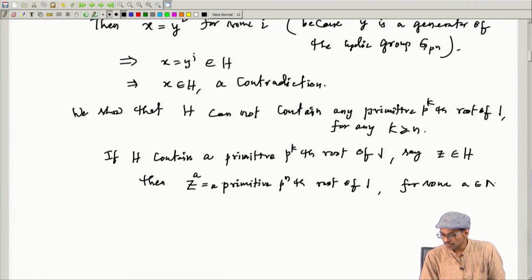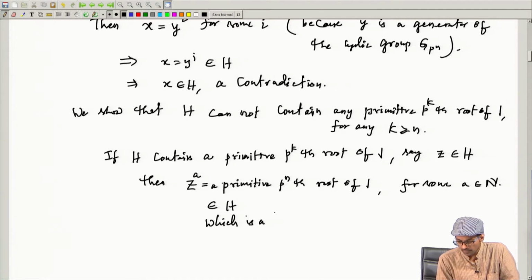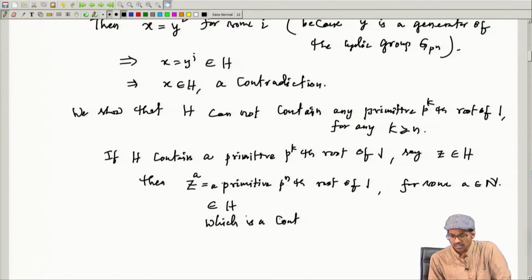So that means that this belongs to H, which is a contradiction, right, because H does not contain any primitive p power nth root of unity, but z power a belongs. So, therefore, which is a contradiction.